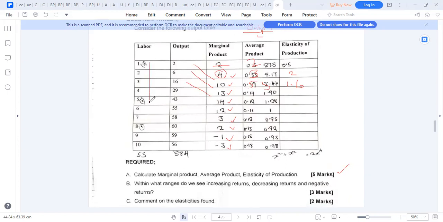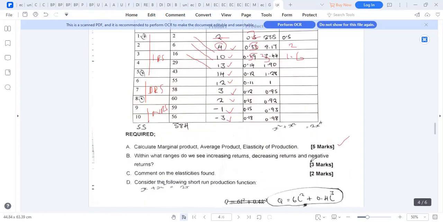So this is increasing returns to scale. Then decreasing returns to scale is from what? From 6 to what? 6 to 8. This is decreasing returns to scale. Negative returns to scale is from 9 to 10. Yes.